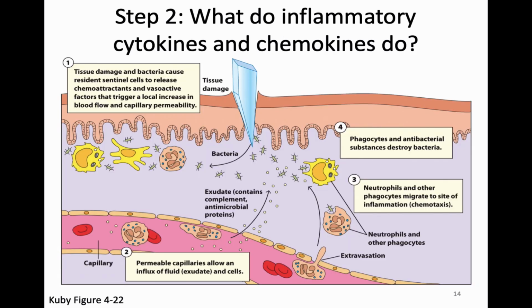So at this point, we've seen tissue damage, and we've seen those sentinel cells, or macrophages, release our inflammatory cytokines. And now our inflammatory cytokines are actually going to have some type of effect.